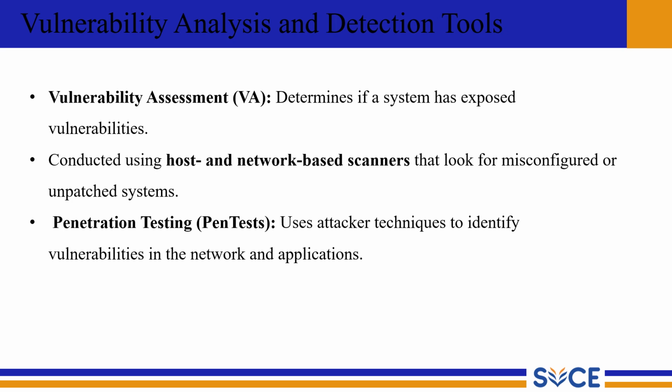To manage this threat, we rely on systematic detection. Vulnerability assessment determines if a system has exposed vulnerabilities. This is typically performed using automated, host and network-based scanners that look for misconfigured or unpatched components.